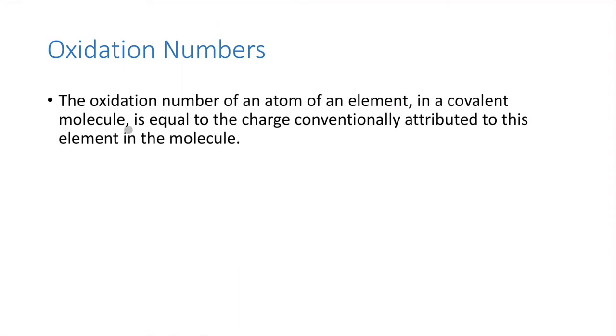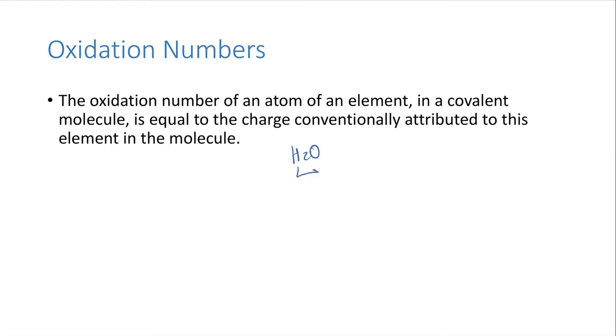Now, the oxidation number of an atom of an element in a covalent molecule is equal to the charge conventionally attributed to the element in the molecule. For example, H2O.